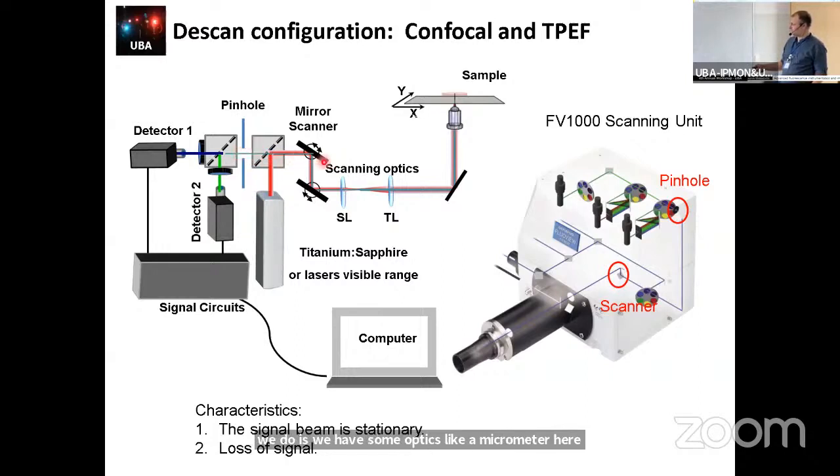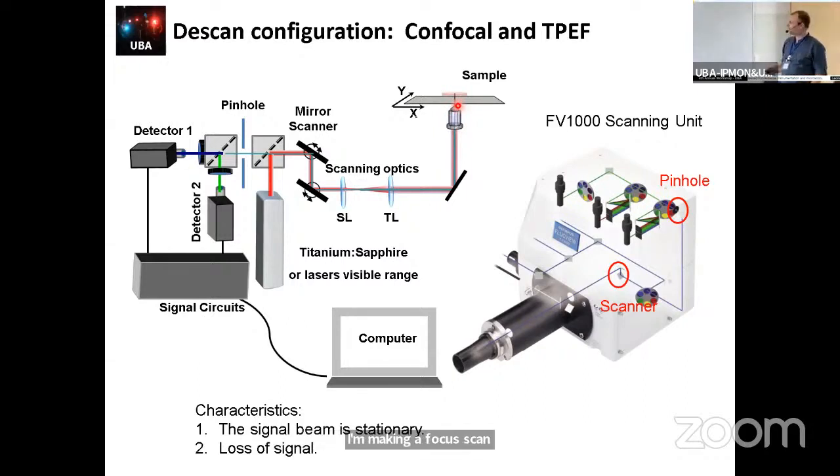And then we pass through our scanner, which makes the raster scan of our image. And we need a set of two optics called the scan lens and tube lens, which enable you to basically scan your sample, moving the beam in the back aperture of your objective and making the focus scan the whole field of view, right?